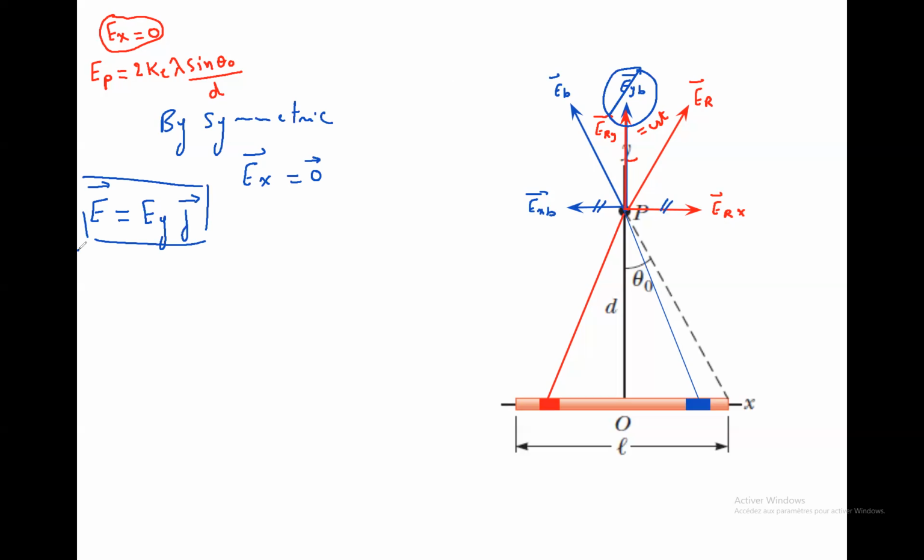Okay, let's start to solve the problem. And you can say here we have dEX, dEY, because we are talking about a small portion. And also the final equation, you can say E equals EY J. Okay, it's the same.